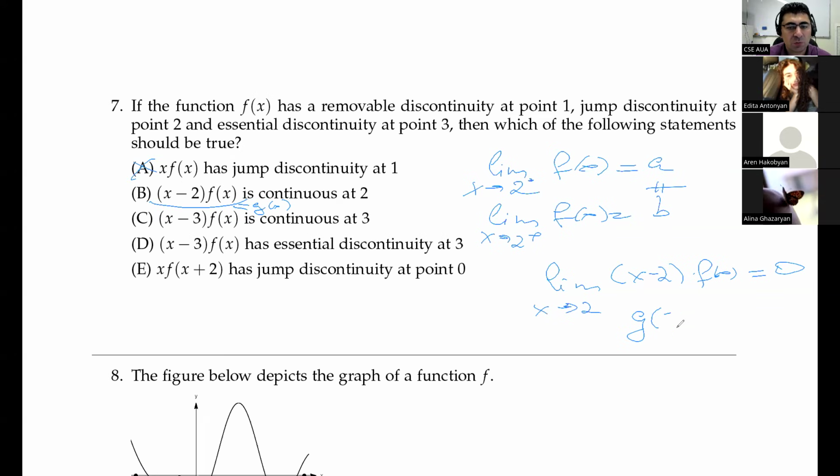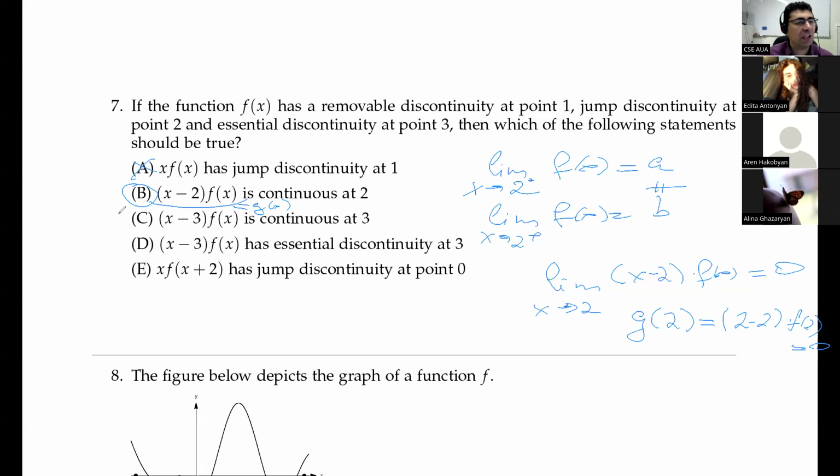What is g of 2? G of 2 is 2 minus 2 times f of 2. F of 2 is some constant. So it is 0. The limit of our function from left is 0, from right is 0. The value of our function at 2 also is 0. Can we say it is continuous? Yes. It seems we found the correct answer.